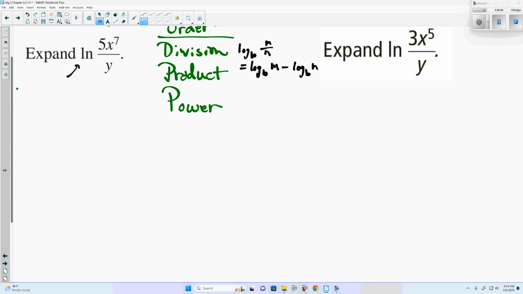So if we expand this with our division property, we're going to have natural log of the numerator, 5x to the 7th, minus the natural log of the denominator, ln of y. Top goes in the first one, bottom goes in the second.